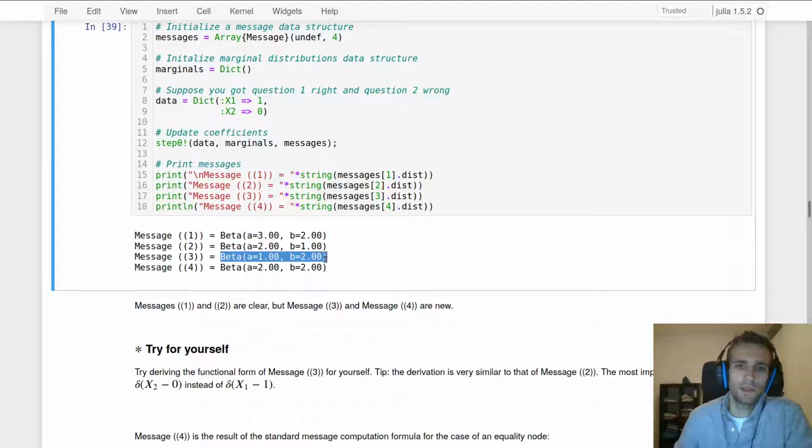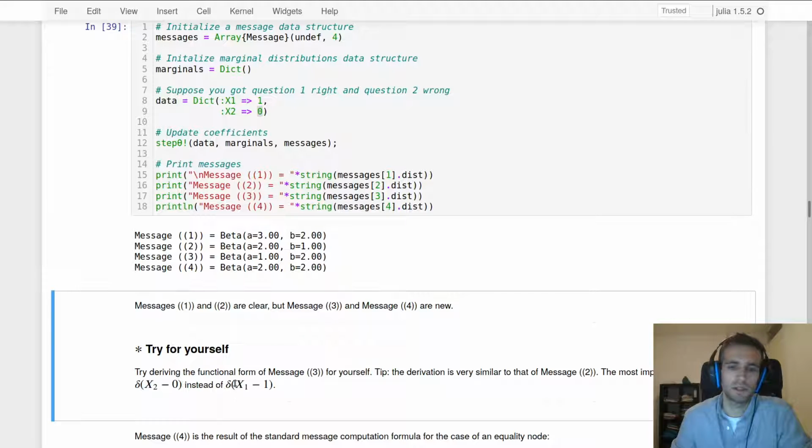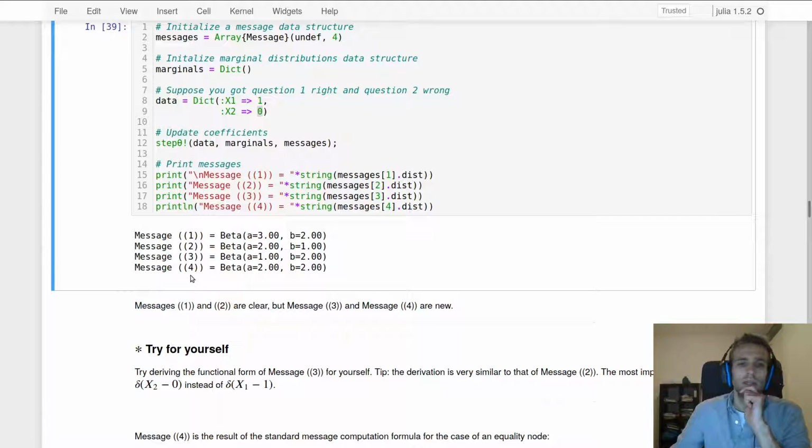The third one is its mirror in shape parameters, which is unsurprising because you got the question wrong, but I do encourage you to do the derivation for this message yourself. It follows the structure of the message 2 derivation exactly, but you have to use x2 minus 0 instead of x1 minus 1. And then the fourth message, the one from the equality node going downwards, has these two parameters, 2, 2.